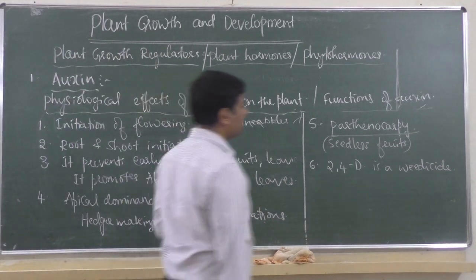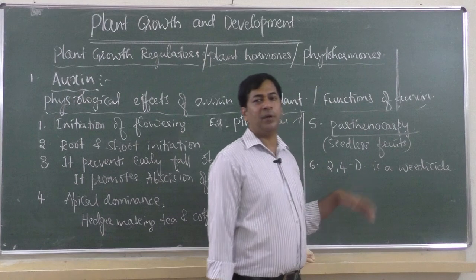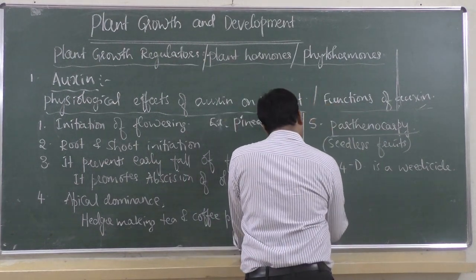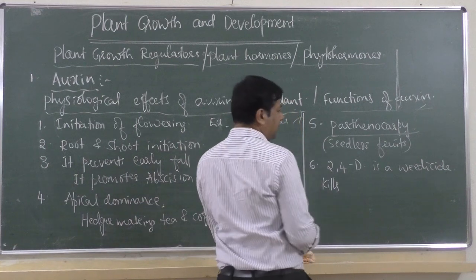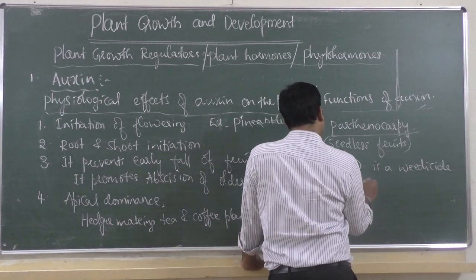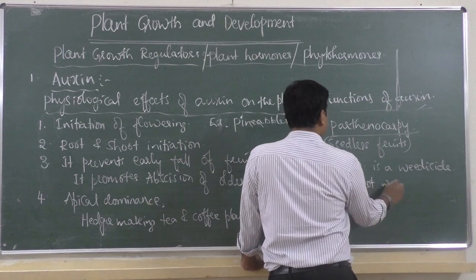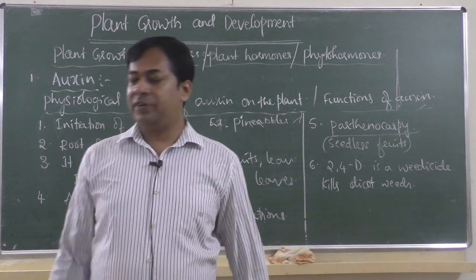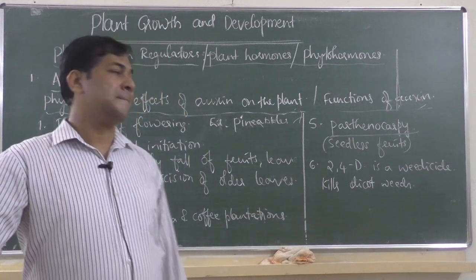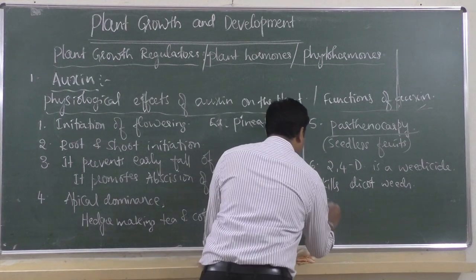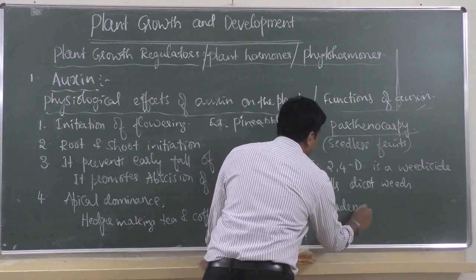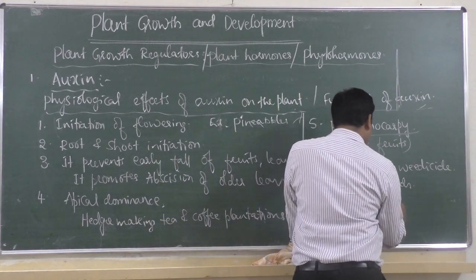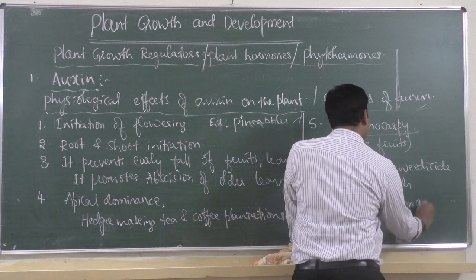So 2,4-D is a weedicide. It kills unwanted plants. But which unwanted plant does it kill? It eliminates only dicot plants. Dicot weeds, it doesn't kill monocot weeds. That is why gardeners especially use this 2,4-D for maintaining lawn grass.